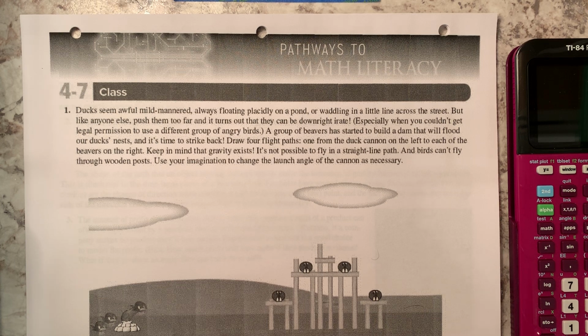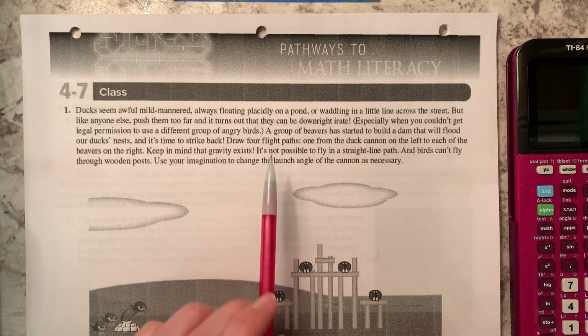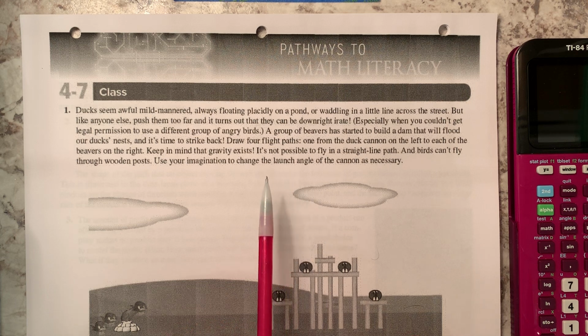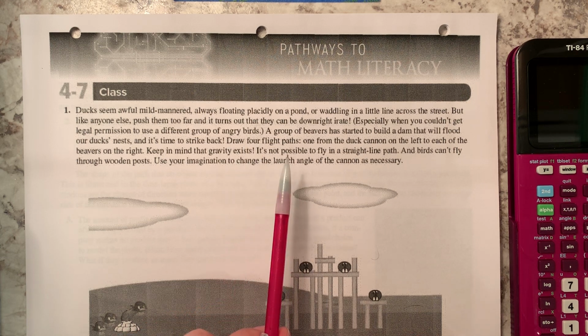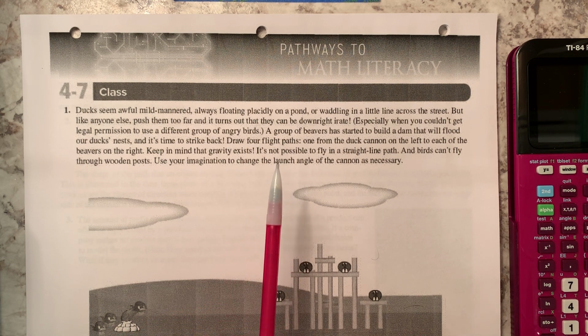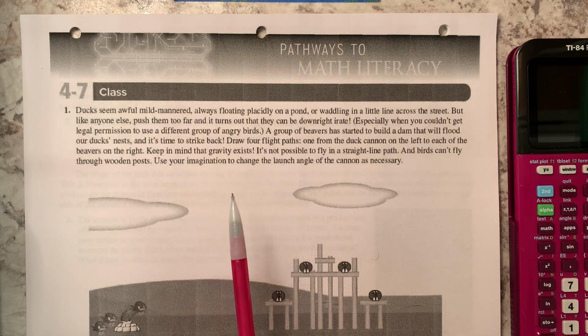Okay, as we've talked about in class, this author is a little bit interesting. He talks here in the paragraph about not having legal rights to call this Angry Birds. So he's calling them irate ducks.